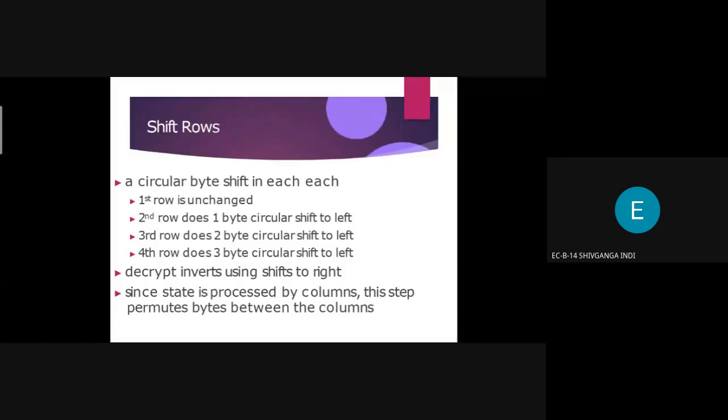For shift rows, we go with the number of rows, and in our example we have four rows. To perform the shift rows operation, we keep the first row as it is. The second row we shift to the left side by one byte. The third row performs the circular left shift operation by 2 bytes, and the fourth row performs the circular left shift operation by 3 bytes.